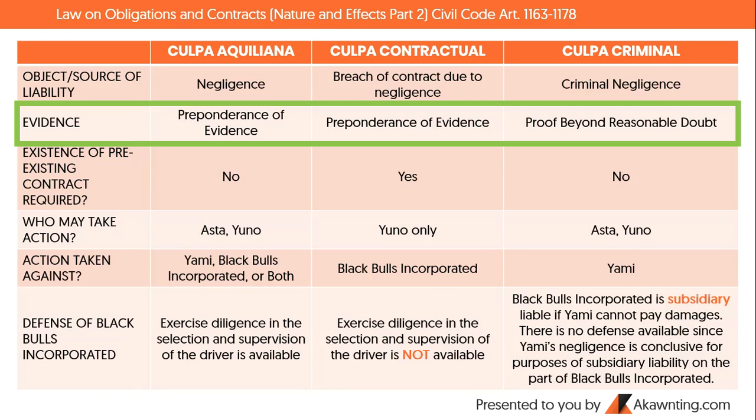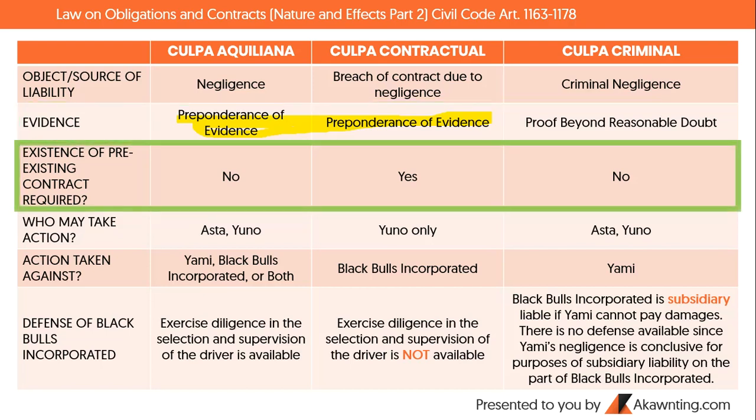Okay? So, kailangan dyan proof beyond reasonable doubt. So, dalawa lang ang evidence na kailangan dito. So, both in culpa aquiliana and culpa contractual, parehas lang. Pero pagdating sa culpa criminal, so we need proof beyond reasonable doubt.